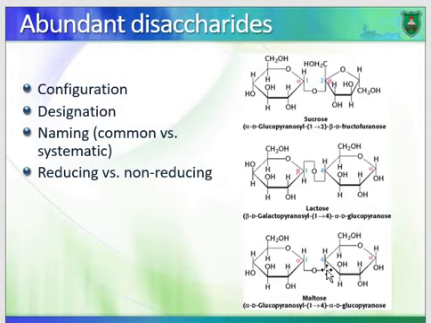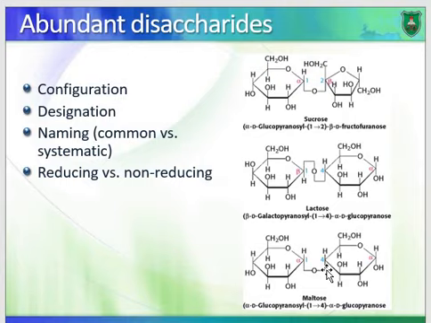An important thing to note is that monosaccharides, for example glucose and galactose, as we've seen, were able to get oxidized and modified by oxidation. So this means that they are reducing sugars, because they get oxidized and they reduce the oxidizing agent.